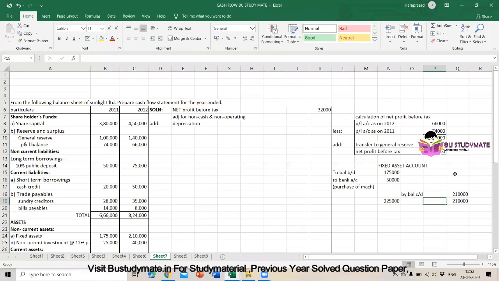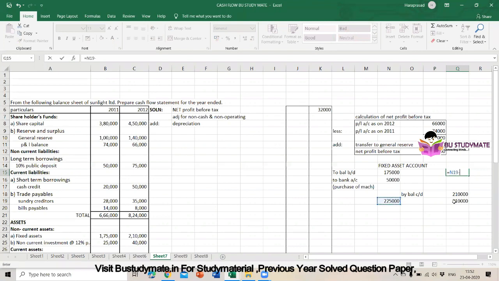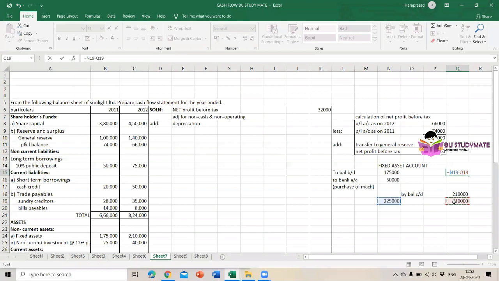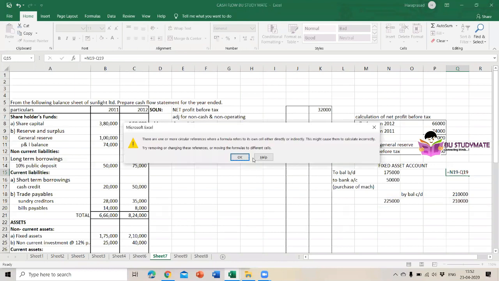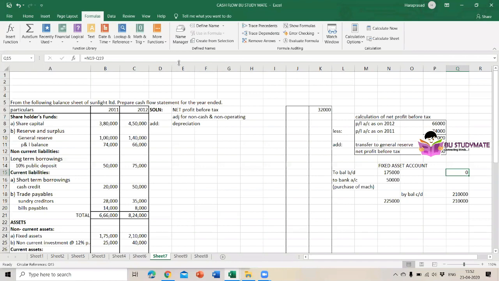We'll write here 2,50,000 minus this total amount, or else by balance carried down. 15,000 is the balancing amount.